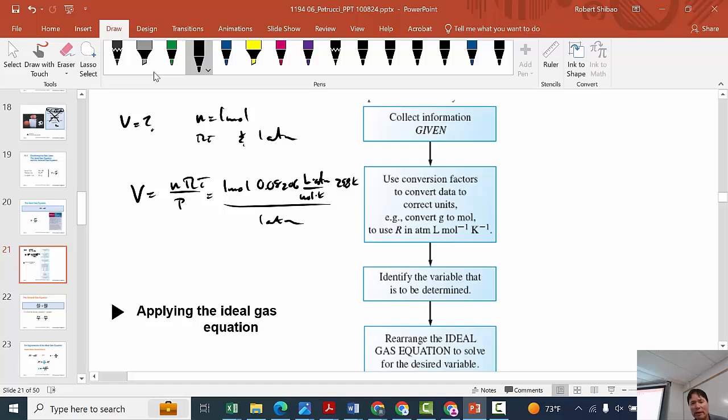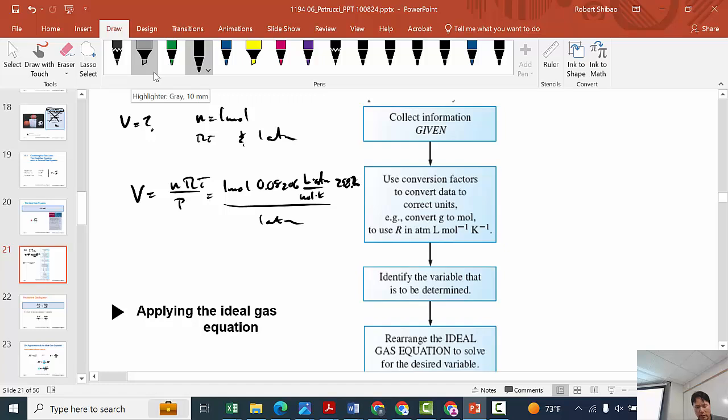Actually, let me go 298.2 Kelvin to get one more digit. 298.2 or 298.15. And so I'll do this here.